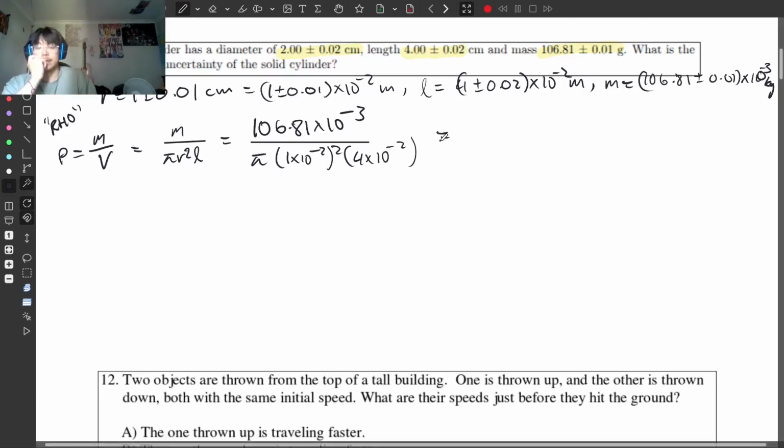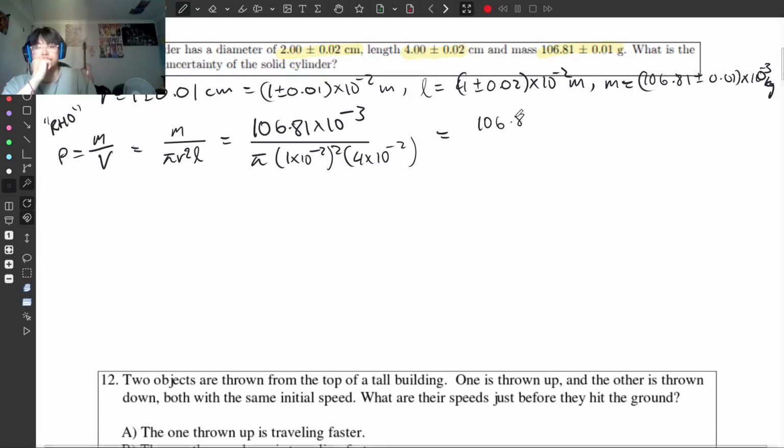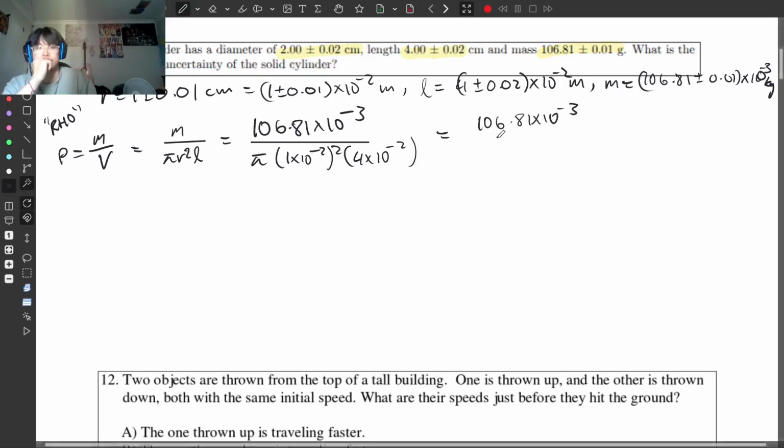This is going to be equal to 106.81 times 10 to the minus 3 over, well, 1 squared, and then 10 to the minus 2 squared, no, it would be 10 to the minus 4.